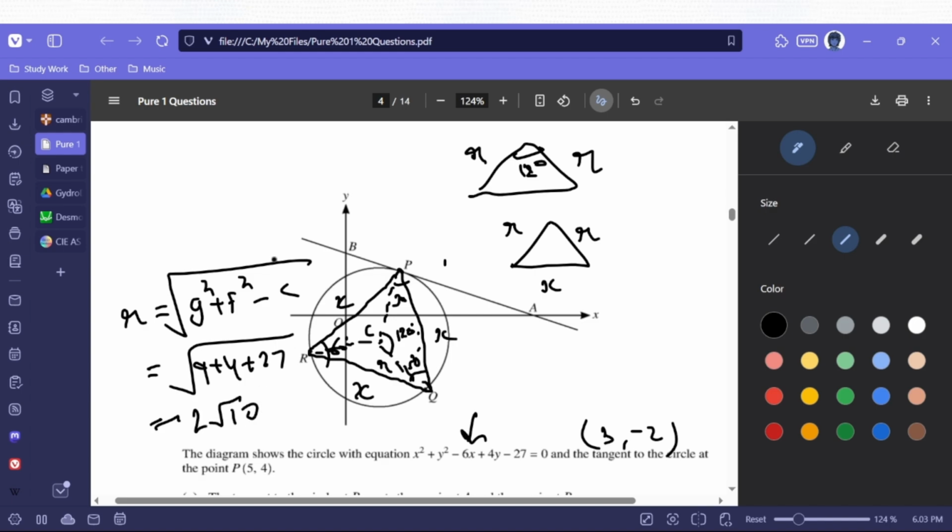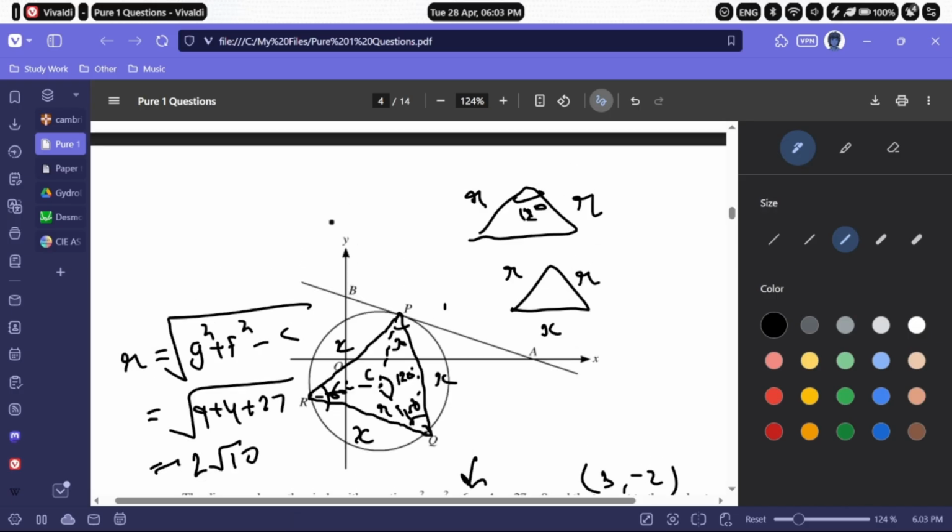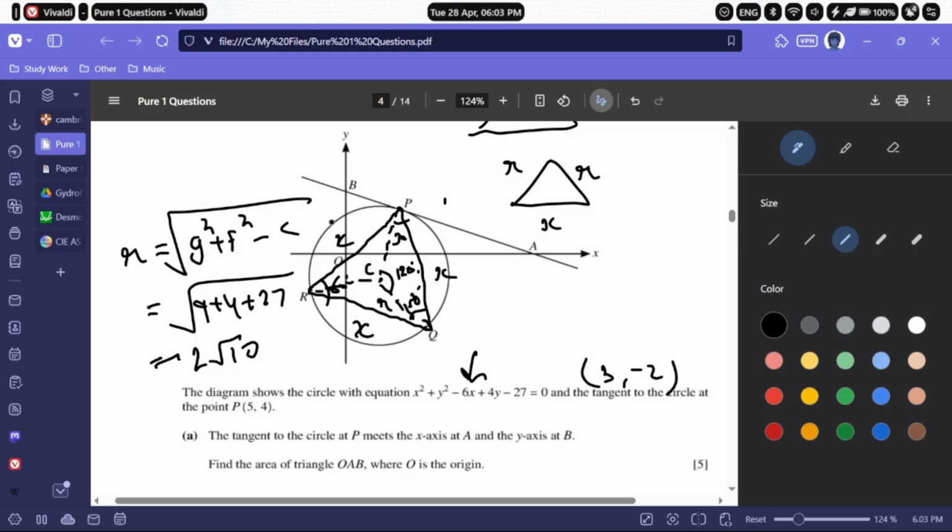I'm pretty sure you're supposed to know these formulas. You need to know that the radius is the square root of g square plus f square minus c, and then the center is minus g comma minus f.